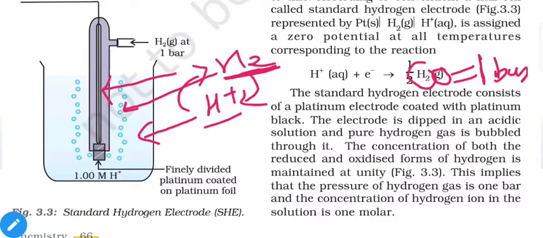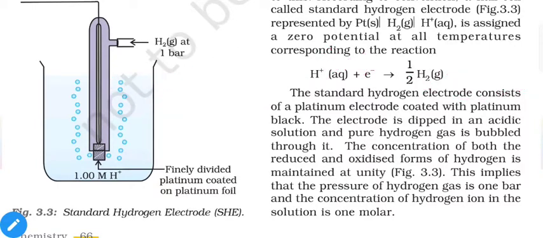So you have to maintain the pressure of hydrogen equal to 1 bar. Similarly, the oxidized form of hydrogen is H plus. Now it is an aqueous solution, so you have to maintain the concentration equal to 1 molar.